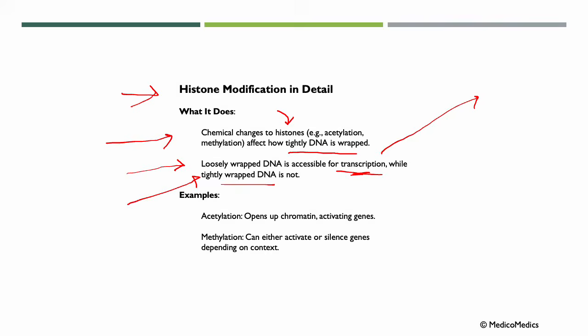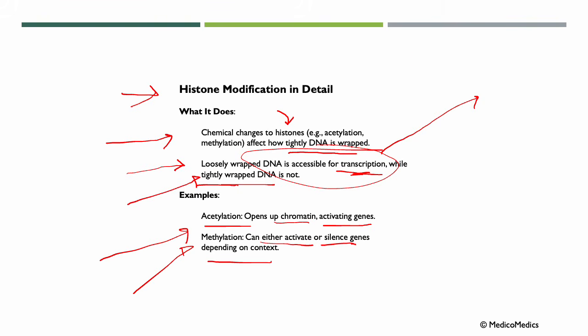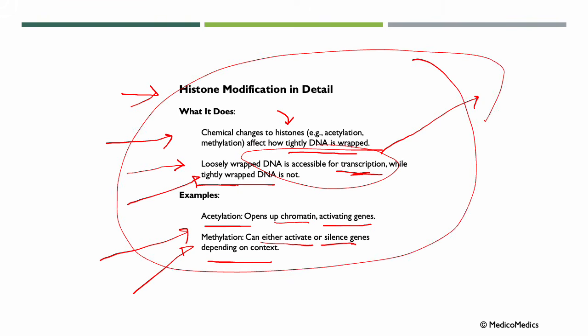So if we can find a way to tightly wrap DNA, it will not be accessible for transcription. An example: acetylation opens up chromatin, activating genes. And methylation can either activate or silence genes depending on context. So histone modification is like loosening or tightening a belt.